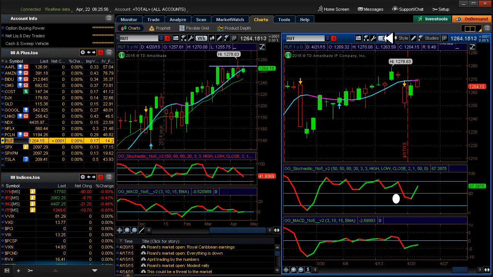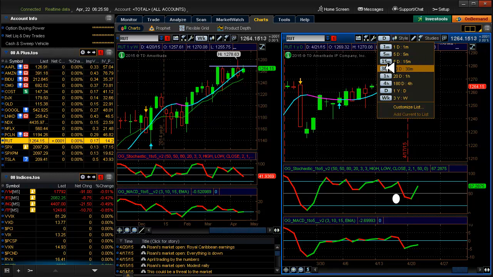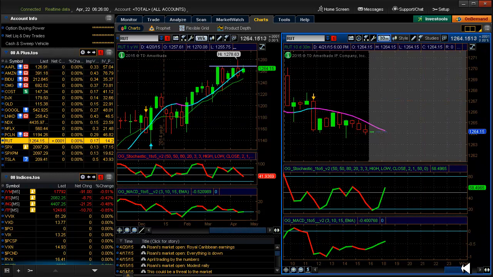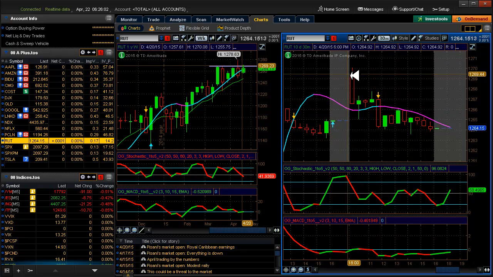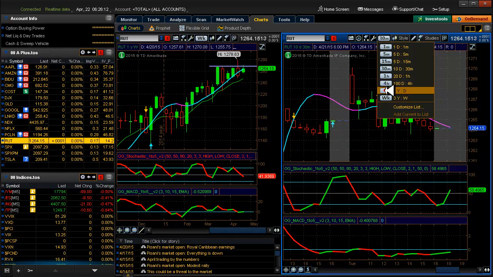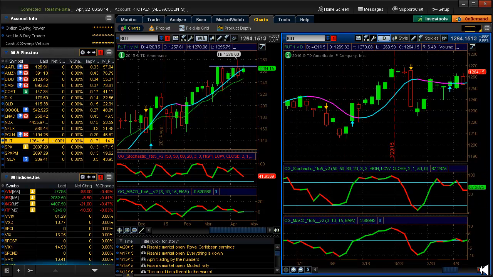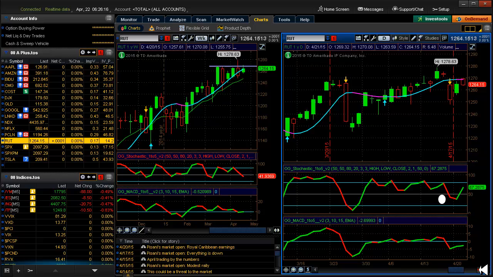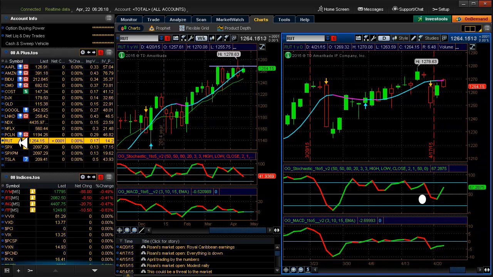Looks like it spent the day pulling back. Is that what happened? Yeah, gapped up and then spent the rest of the day marching to the rear, retreating. Alright. Well, I'm glad we stayed away from that one. Red always makes me a little bit nervous.